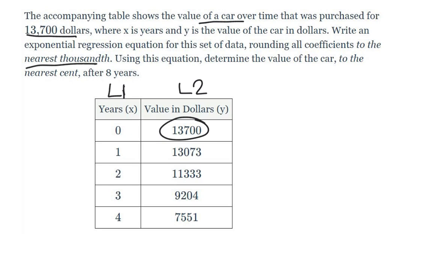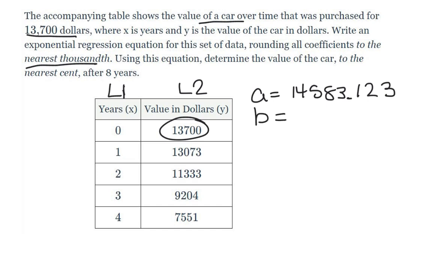Okay, so now we're going to hit stat, arrow over, and we're going to calculate and go to number 10, exponential regression, hit enter, then hit enter 5 times, and we get a is 14,583.12, and we're rounding to the nearest thousandth.